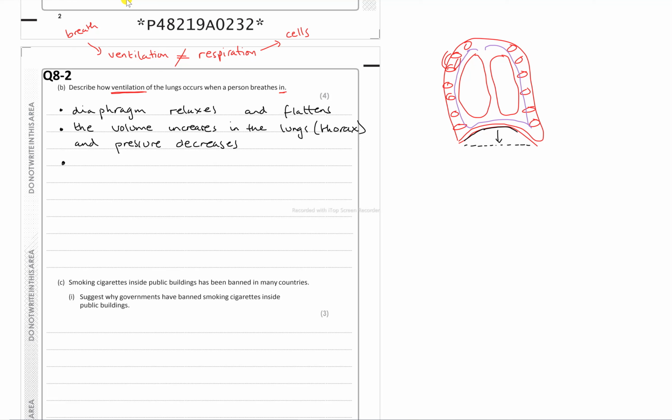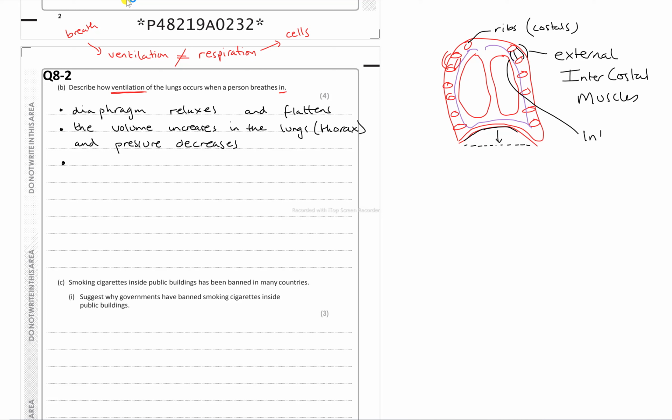Now we said that those are the ribs or costals, and you've got two sets of muscles. These are called the external intercostal muscles. Right, you've got muscles here.